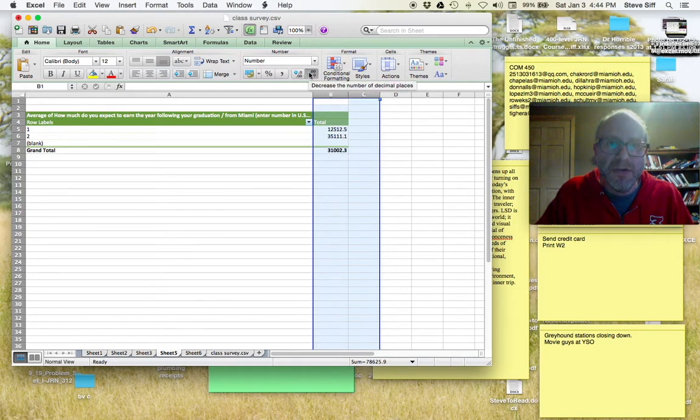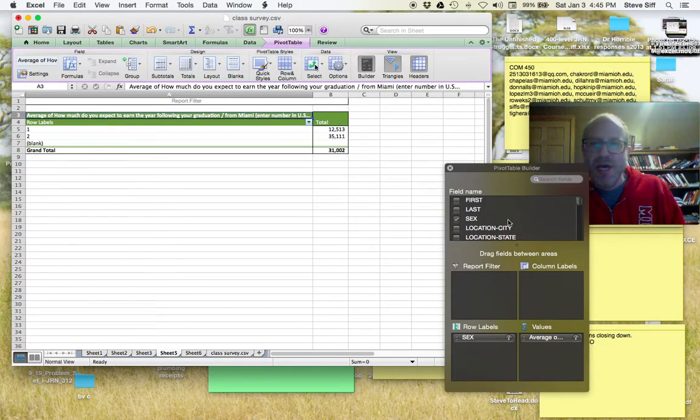Frightfully low. That's nicer, isn't it? So the overall expectation is 31,000, men and women. And men are saying 12 and women are saying 35. They have a surprising difference.